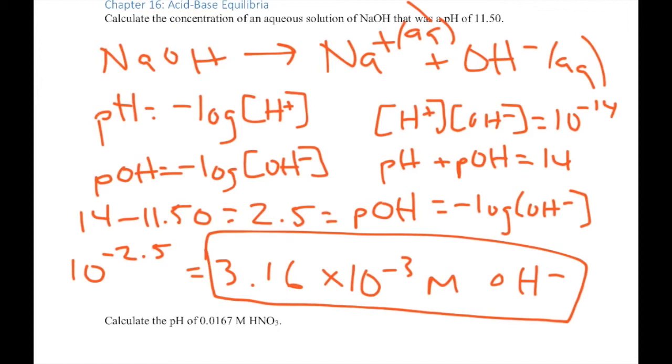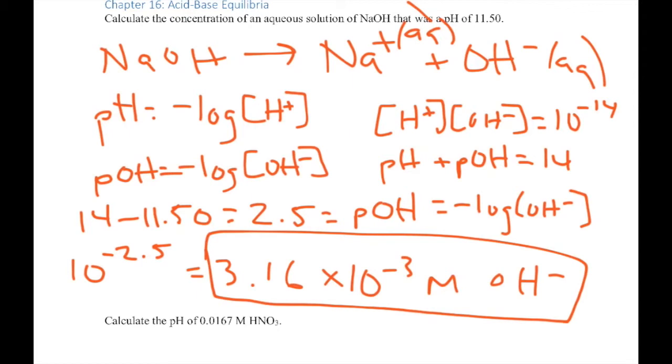Because again, if you were to do the 10 to the negative pH, so 10 to the negative 11.5, you would actually be calculating the concentration of hydrogen ions, which again would be very, very small, because we are told that we have a basic solution containing a strong base, so you would probably expect the concentration of hydrogen ions to be almost zero, practically for our purposes 0.